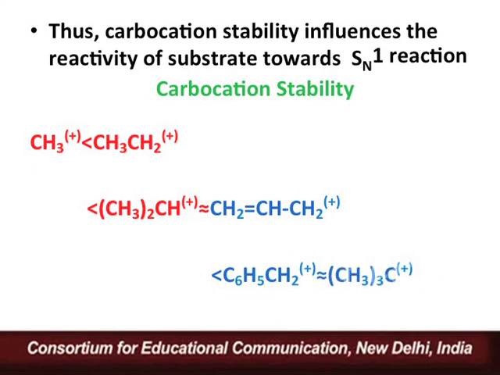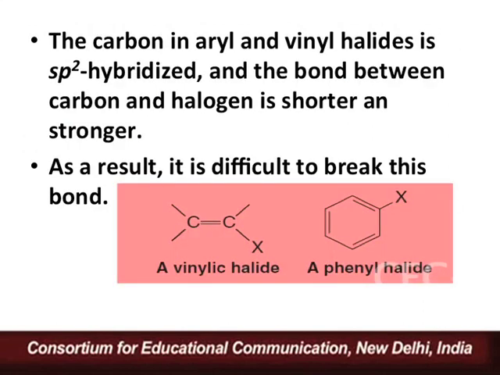Let us look into other substrates. That is, if we consider aryl and vinyl halides, then aryl and vinyl halides do not undergo nucleophilic substitution reactions. The reactions may be SN1 or they may be SN2. If we take an example of SN1 reaction, then in that case, the carbon is sp2 hybridized, and this sp2 hybridized carbon is attached to a halogen.